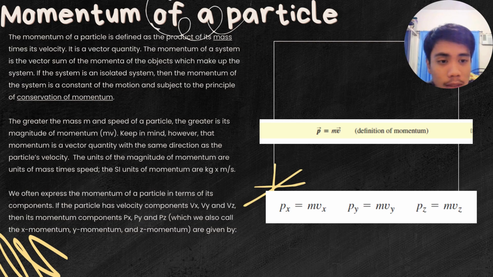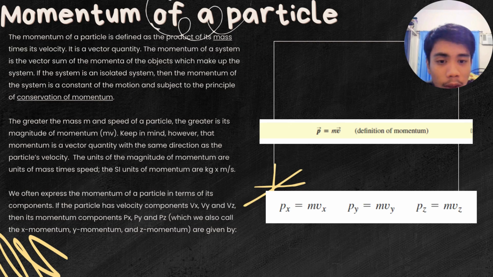The greater the mass, which is represented by m, and the speed of a particle, which in this case, if we're talking about momentum, is represented by v, which is its velocity, then the greater is its magnitude of momentum, which is mv. So momentum is p equals mv, and p represents momentum.